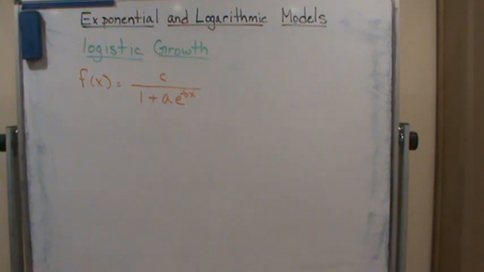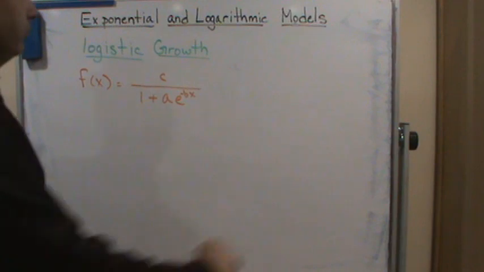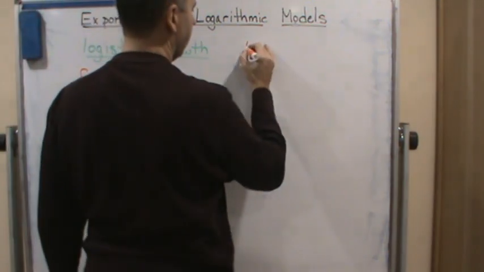Now, what information did they give us? Let's see here. So we start out with t equal to 0.